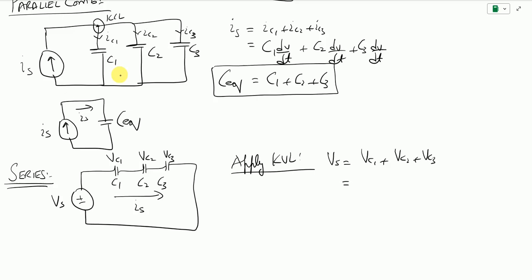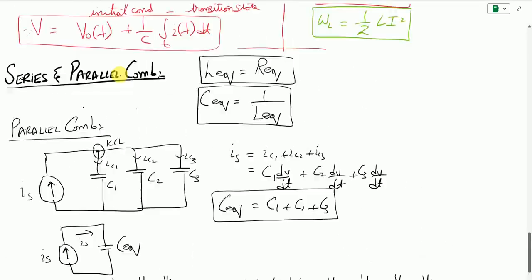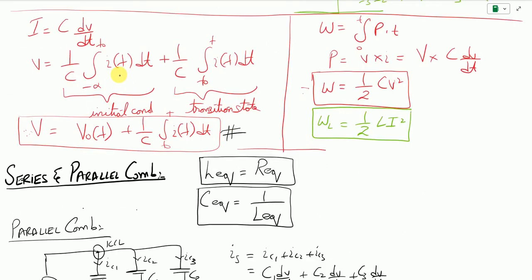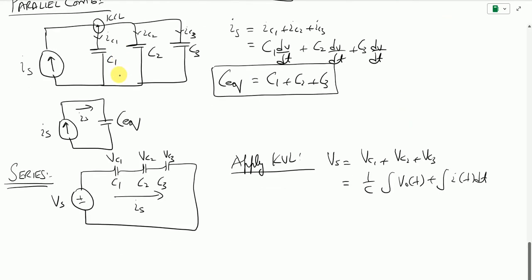and I know that the voltage equation is going to be 1 by C integral. I can just write V naught of T plus integral of I of T dt. So this is the same equation which we found over here. So this is for the first condition.